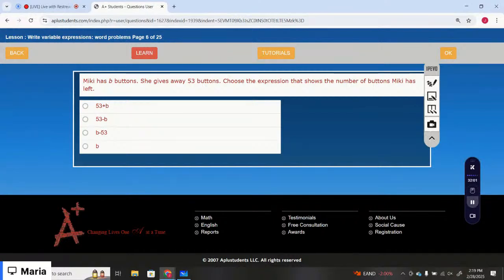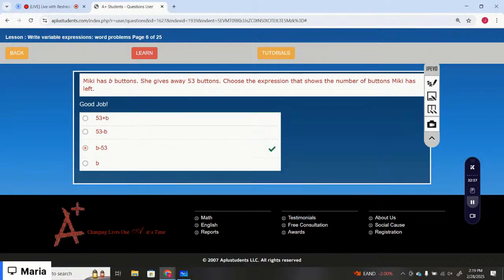Mickey has b buttons. She gave away 53 buttons. Choose the expression that shows the number of buttons Mickey has left. That is b minus 53. Option number 3 is the correct option.